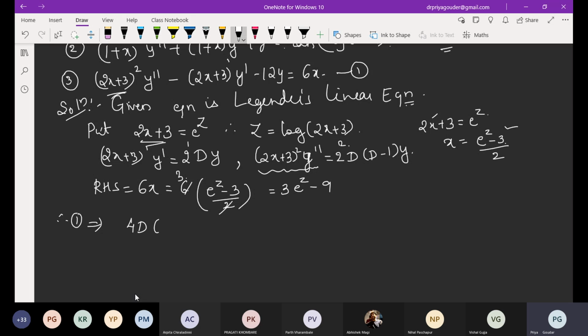So this is 4D into bracket D minus 1 y. Second term is negative, so minus 2 D y, minus 12y is equal to 6x, which is converted as 3 e raised to z minus 9. Simplify it. This is 4D square. I'll do one thing directly here. If you take 4D inside, it is minus 4D. Minus 2D is how much?